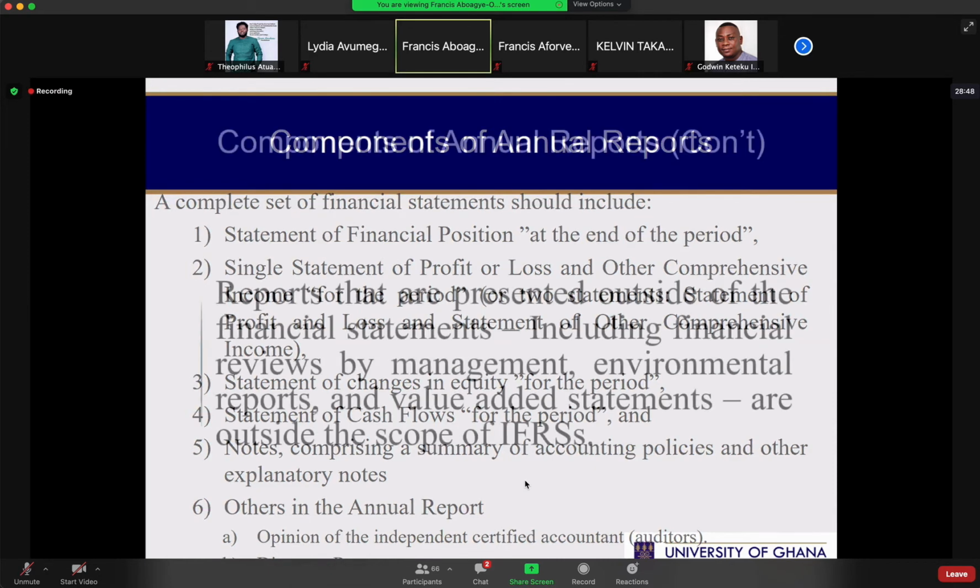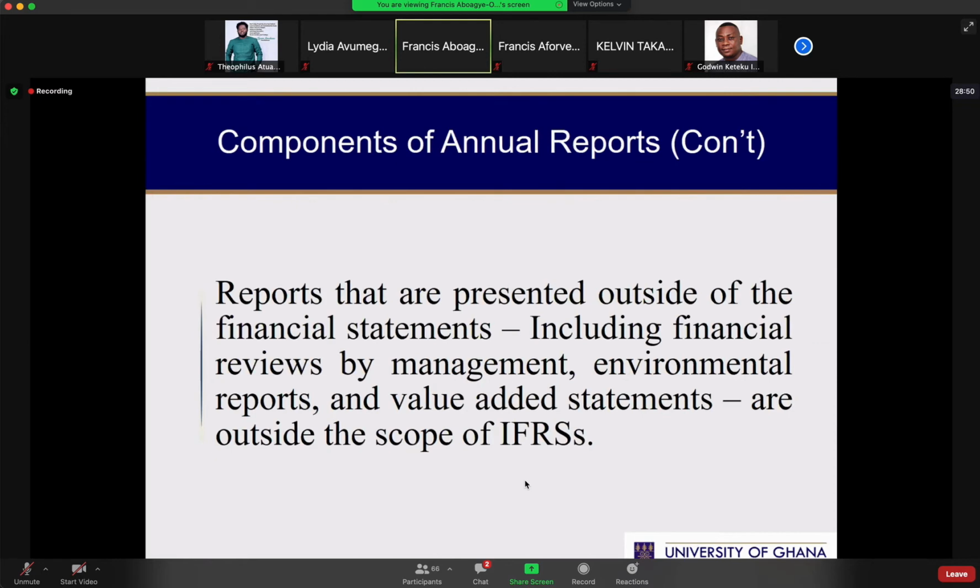Let me mention to you that apart from the financial statements, which are regulated and therefore are prepared using the IFRS, which is the standard used in preparing financial statements in Ghana, all others fall outside the scope of IFRS.